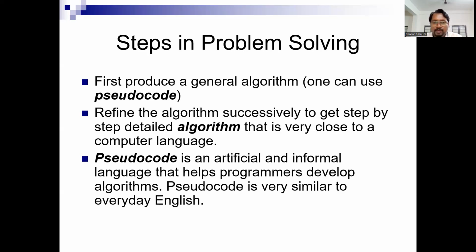Now the definition of pseudocode: pseudocode is an artificial and informal language that helps programmers develop algorithms, and it is very similar to everyday English.